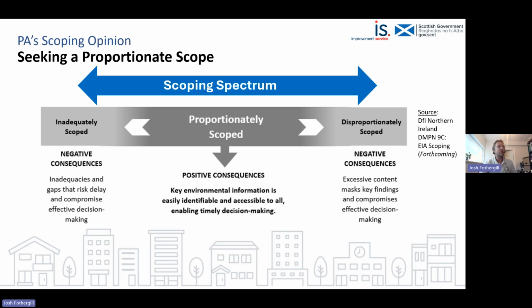So what we're trying to get to is a more proportionally scoped assessment. Key environmental information is easily identifiable and accessible to you for decision making. We know what are the more priority areas, either in terms of overall environmental topics or in terms of sub-issues, and any areas that need filling in.